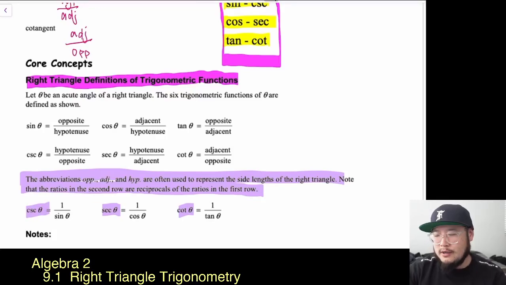If you plug 1 over tangent theta into your calculator, that will get you cotangent theta. If you want to figure out what cotangent theta is, you could also set it equal to adjacent over opposite, and you will get the same results.